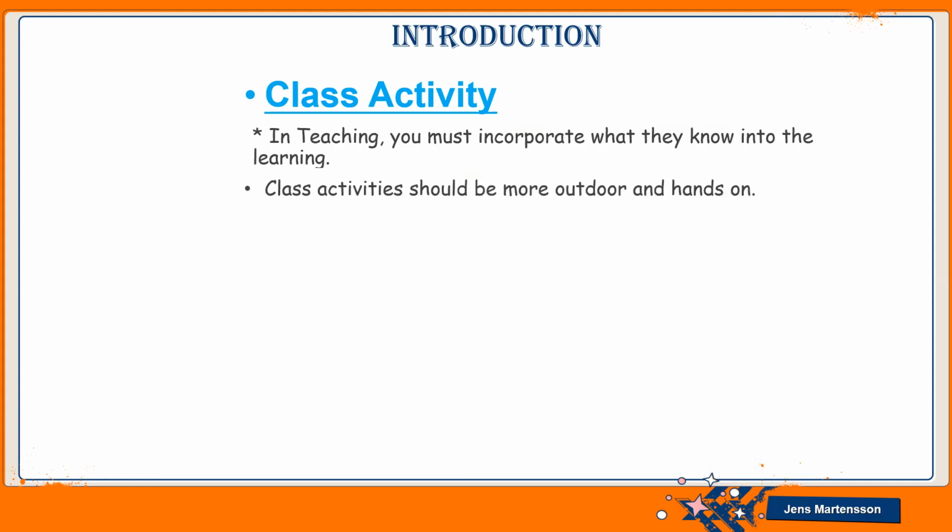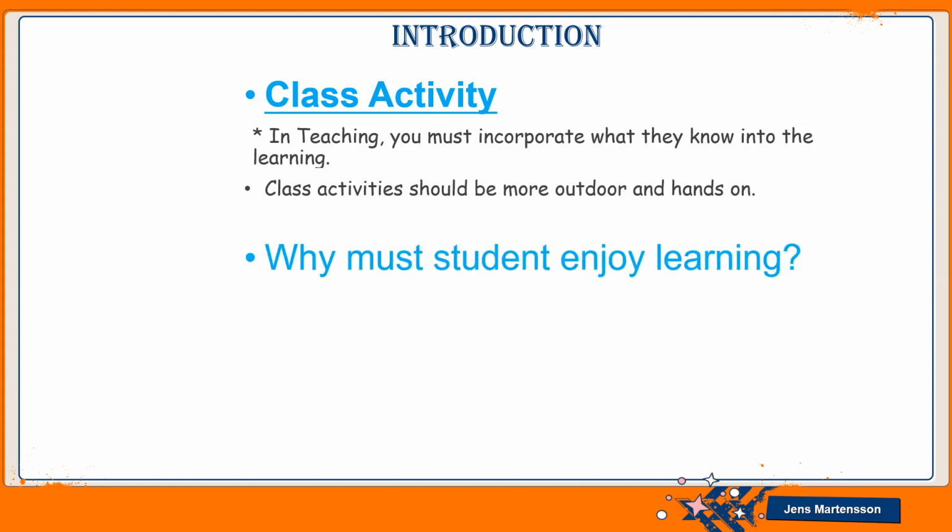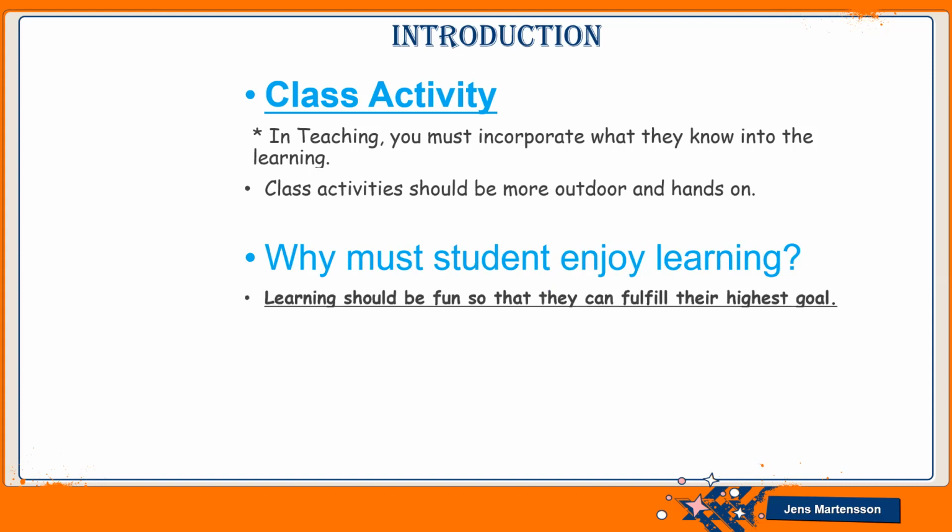The class activity should be more outdoor and hands-on. We are not saying that indoor learning is not good, but sometimes the children must feel the environment. The children must have a touch of things. Why must students enjoy learning? It is their right. Learning should be fun so that they can fulfill their highest goal.